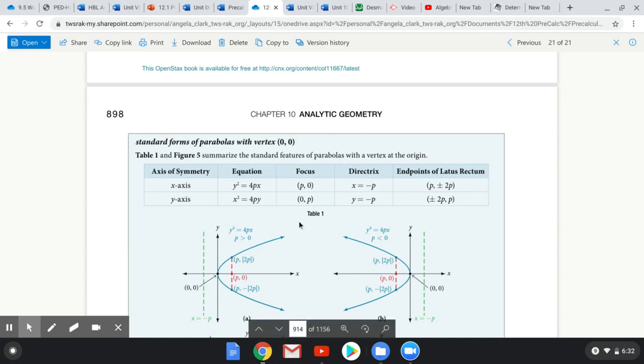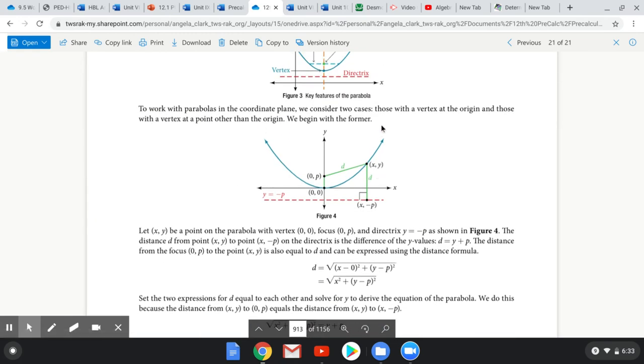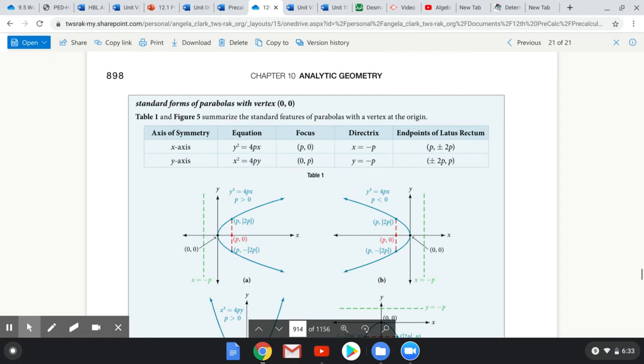All right. So continuing on, let's look at the equations really quick. Obviously, these are going to be a little different if we're not centered, or our vertex isn't at the origin, and we will look at that. But I want to look at what is squared here. So if the squared thing is x, that's what we're used to, right? That is this type of parabola where we're facing up or down. That's the type of parabola we've done before. If y is squared, then we're going to be facing right or left. Okay?